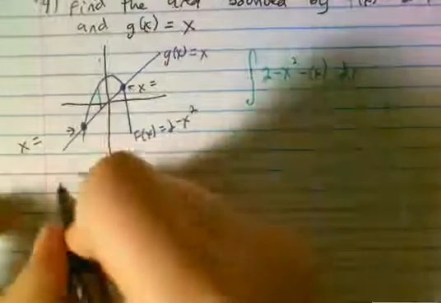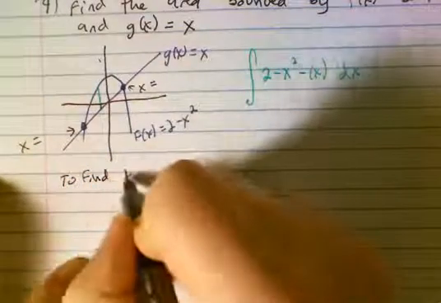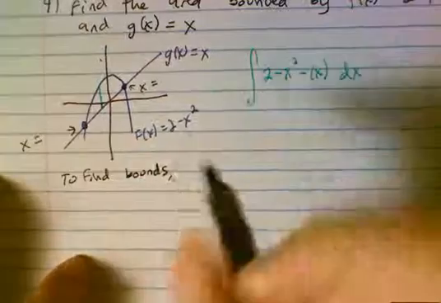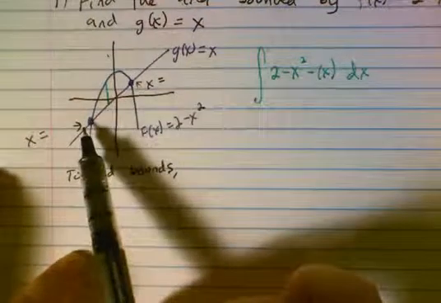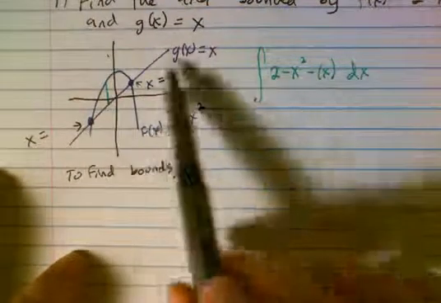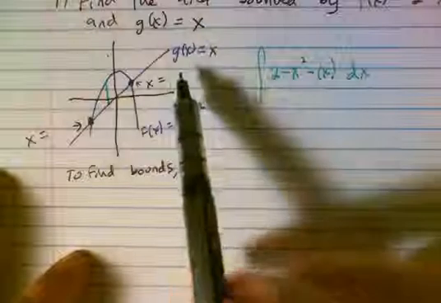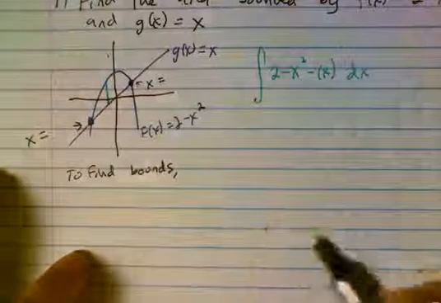And what we do to find the bounds, the intersection points are the points where the f of x and g of x are equal for the same x. So all we have to do is set them equal to each other.